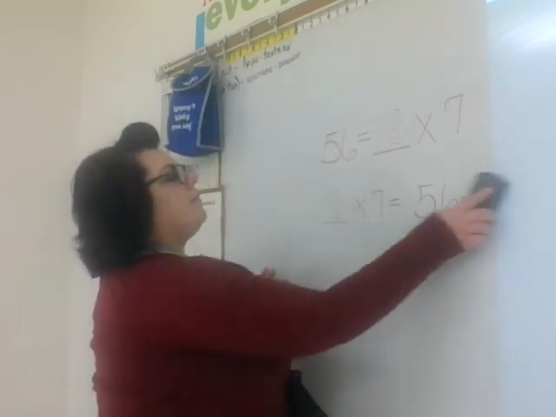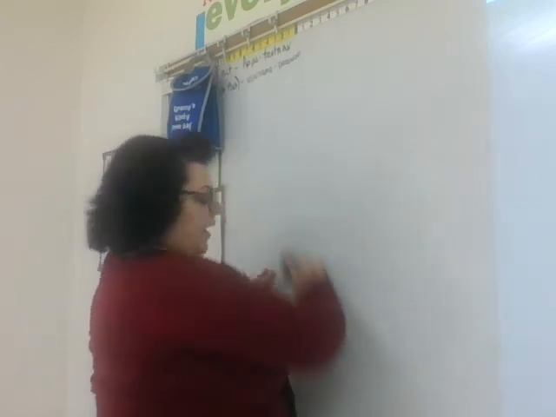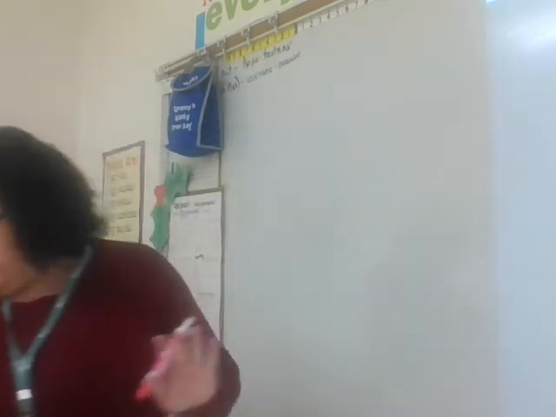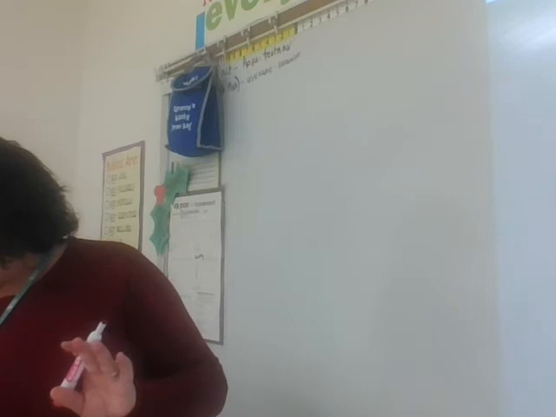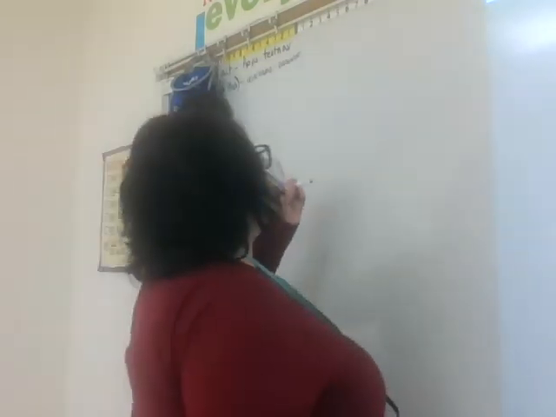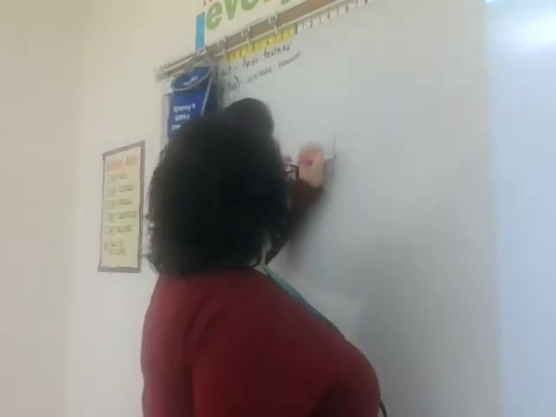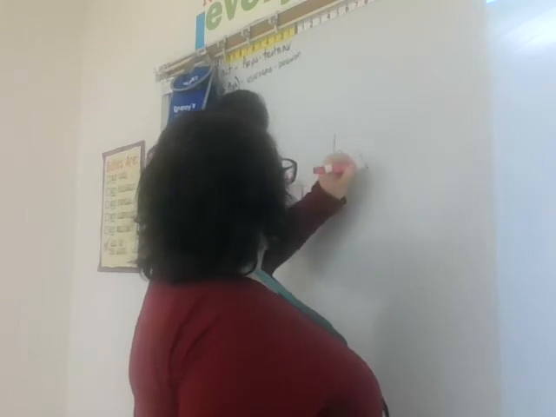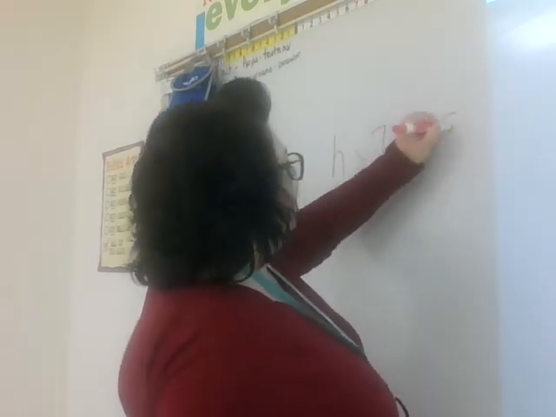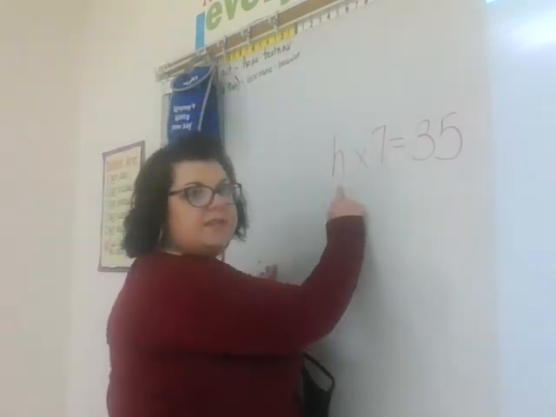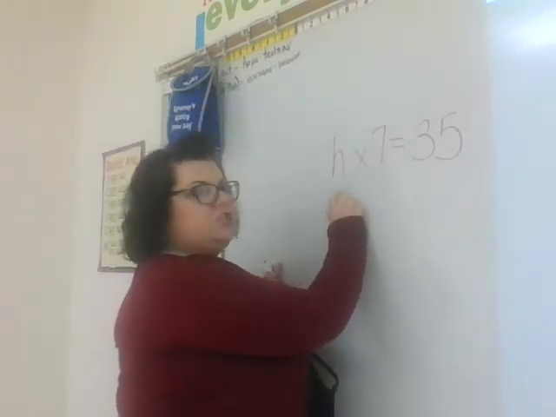So when you see a problem that just has the blank there, but the rest of the problem, you just have to ask yourself, what times that number equals that number? Let's say we see a letter in the place, and it says H times 7 equals 35. Don't be confused by this H. This H is just a variable.